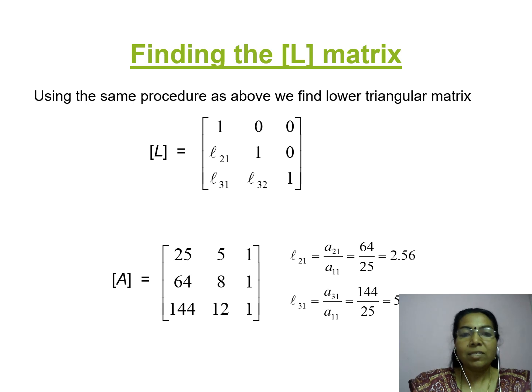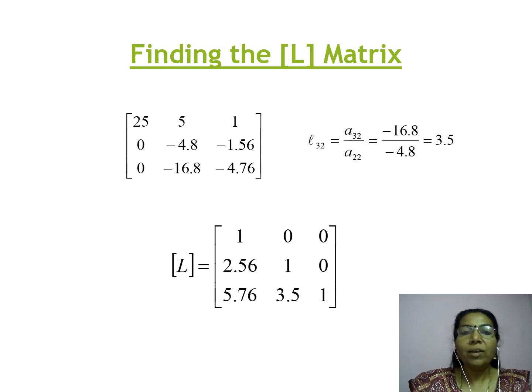In the same way, we find the lower triangular matrix, which is given by L equal to 1, 0, 0, L21, 1, 0, L31, L32 and 1. So L21 is equal to A21 by A11. The value of A21 is 64 and A11 is 25. On dividing, we get 2.56. In the same way, we find L31 equal to A31 by A11, and L32 using A32 by A22, which gives 3.5.